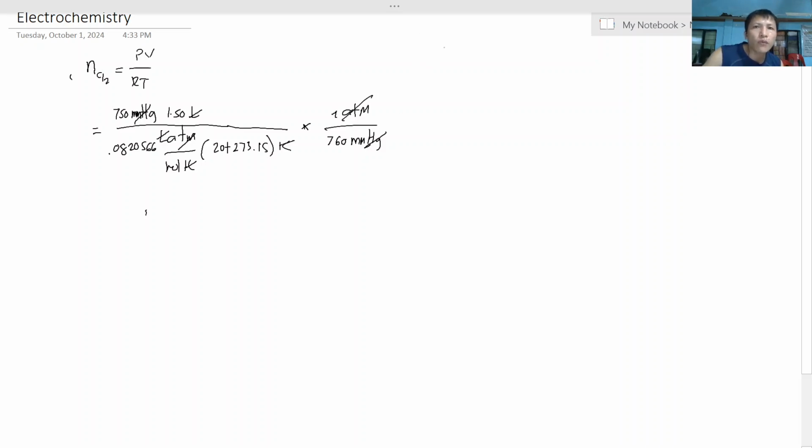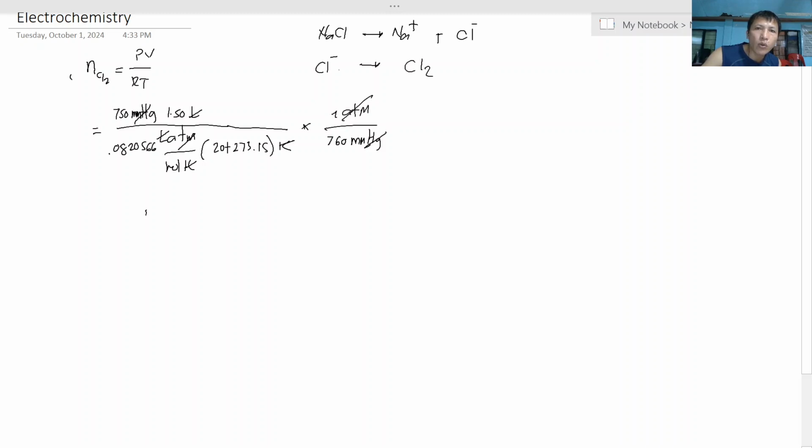But how about for every chlorine gas, how many moles of electrons does it need? So we just have to go back to your table of ions, the chlorine from your molten sodium chloride. Sodium chloride molten means, from your Ksp or solubility products, that is sodium and chloride. This chloride here will form the chlorine gas.